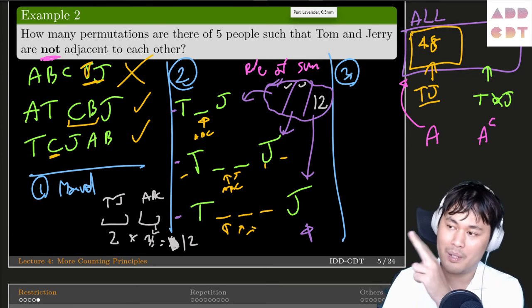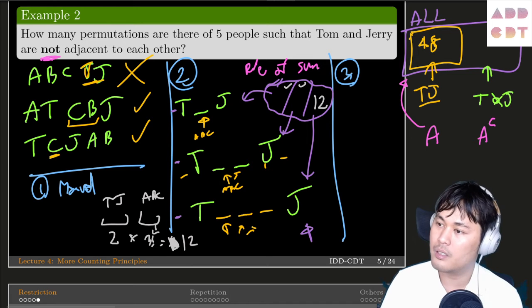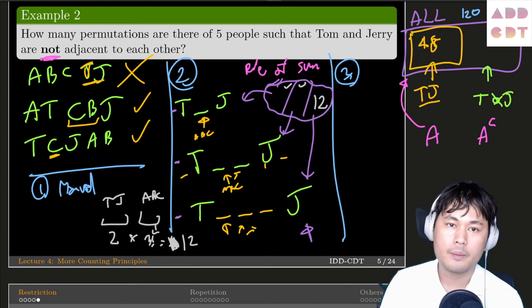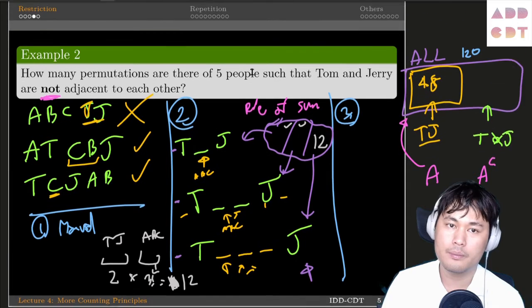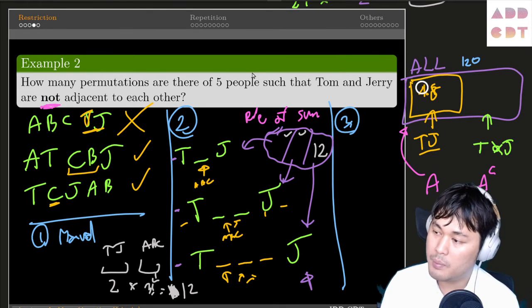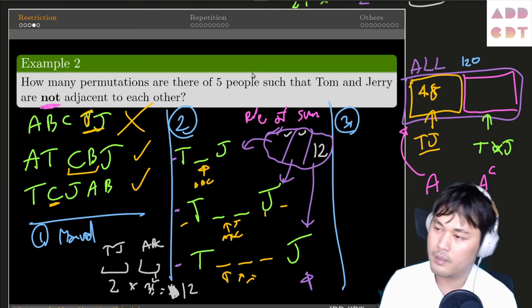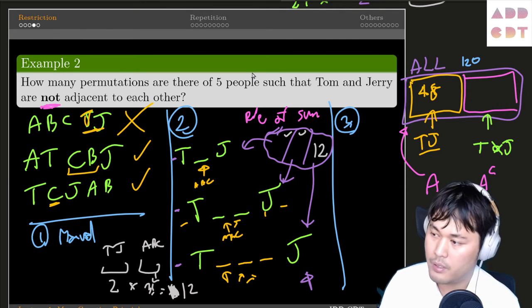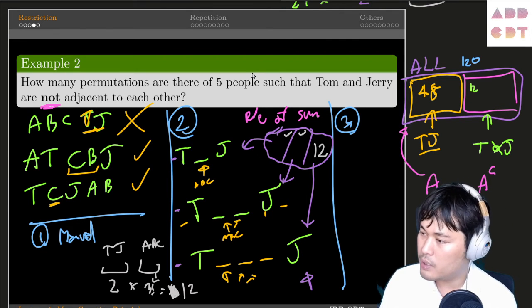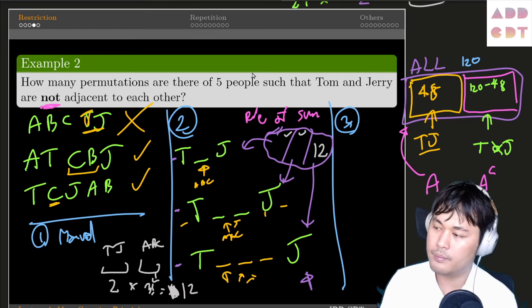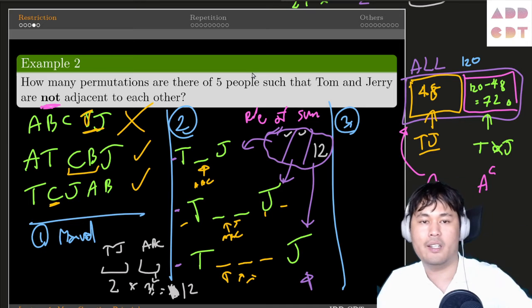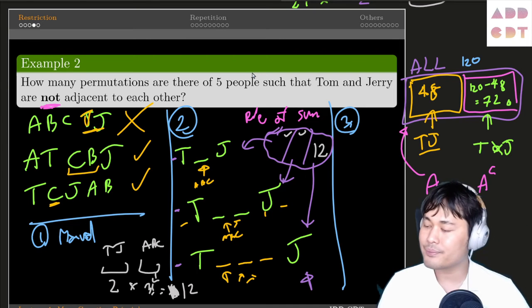And since we know that the number of total permutations is 120, and this whole box has 120 permutations, the missing part for this question is 120 minus 48, which is 72. And now we have the big answer.